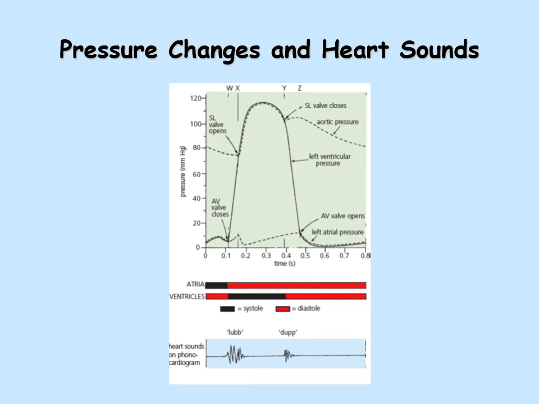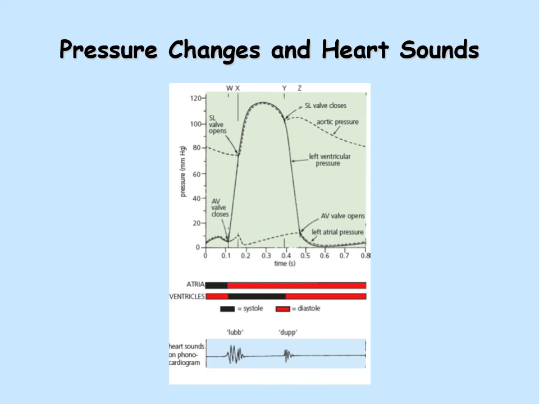From 0.1 seconds to around 0.4 seconds, that's when the ventricles are squeezing and contracting. So ventricular systole is occurring, and that allows the blood that was in the ventricles to squeeze out by the aorta and the pulmonary artery.